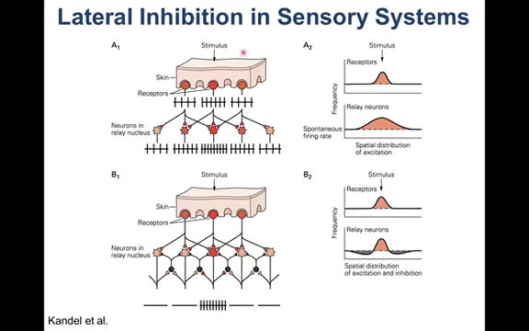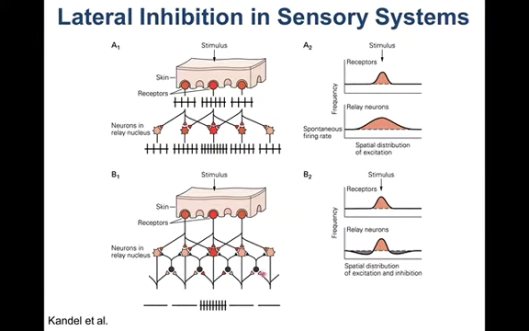So the scenario shown up here in A1 is in the absence of lateral inhibition. You have a central neuron in red that's activated to a greater degree, and then you have two slightly more peripheral neurons that are activated to some degree. And if you were to think about the perception of where that specific stimulus is, hopefully you can imagine that in the absence of lateral inhibition, it will be relatively diffuse.